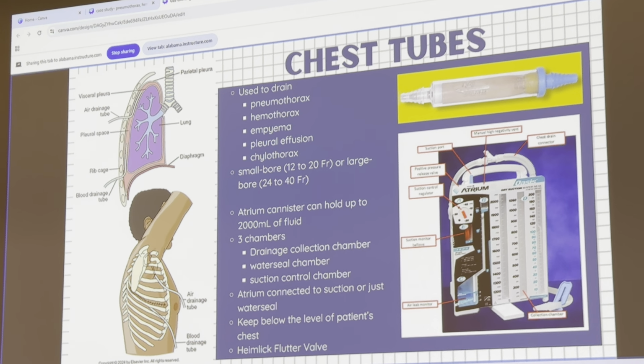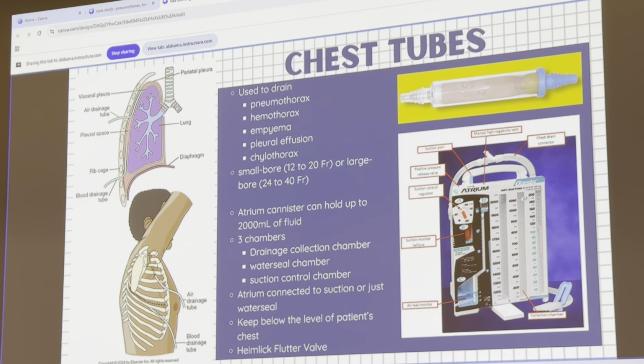This is a physician order. Whatever the physician says, that's what we set it to, and then we leave it there. When he tells you to change it, you can dial it up from here. On the back side, you've got your tubing that's going to be connected directly to the patient. And right here, this little blue tip is where the wall suction connects to create that suction seal.